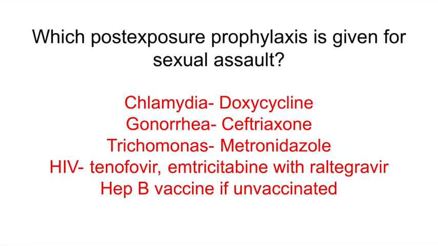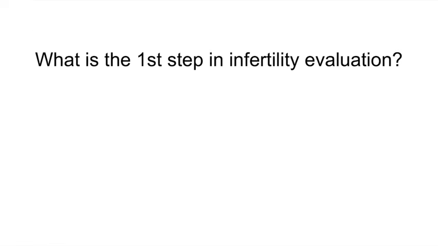What is the first step in infertility evaluation? Semen analysis. Infertility is a couple's inability to conceive after more than 12 months of appropriately timed unprotected intercourse. Other diagnostic tests to evaluate for infertility include assessing ovulatory function. You can assess ovulatory function by doing a mid-luteal phase or day 21 progesterone level.